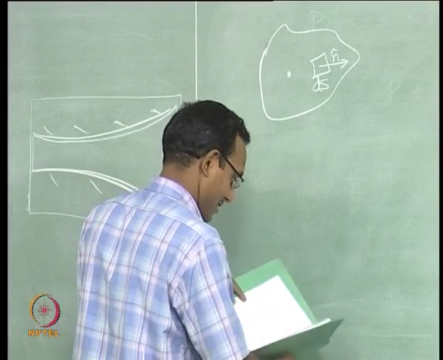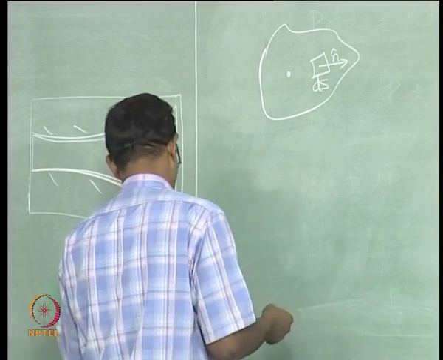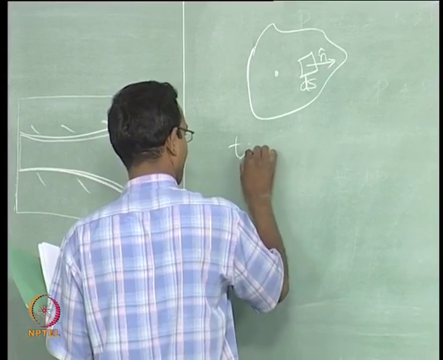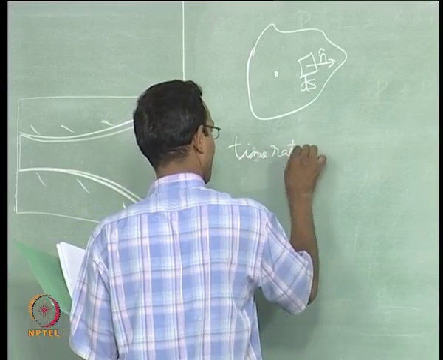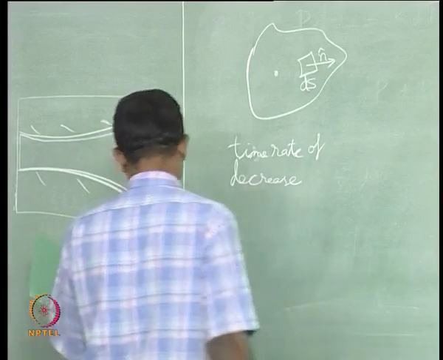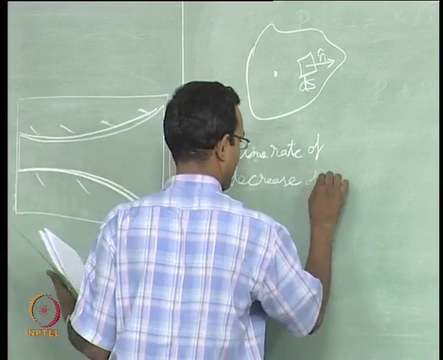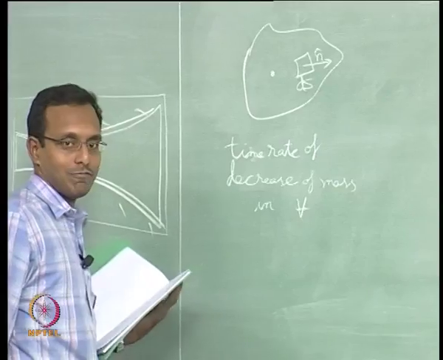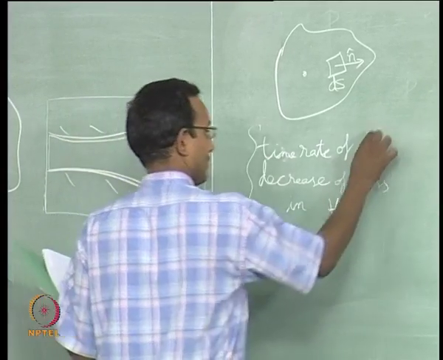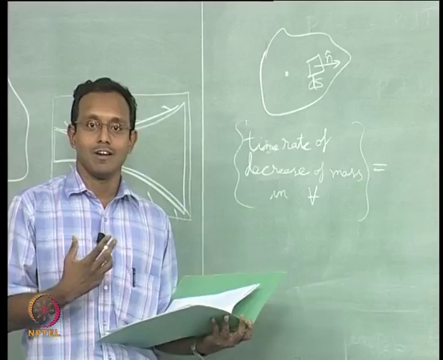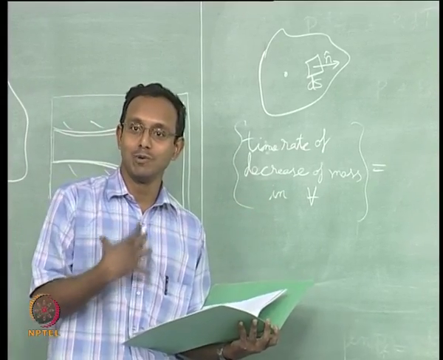I am just going to write the conservation statement, and it is going to look like this: the time rate of decrease of mass in the control volume V is going to be equal to the net outflux. How much money am I giving out? That is the total money I am losing from me.